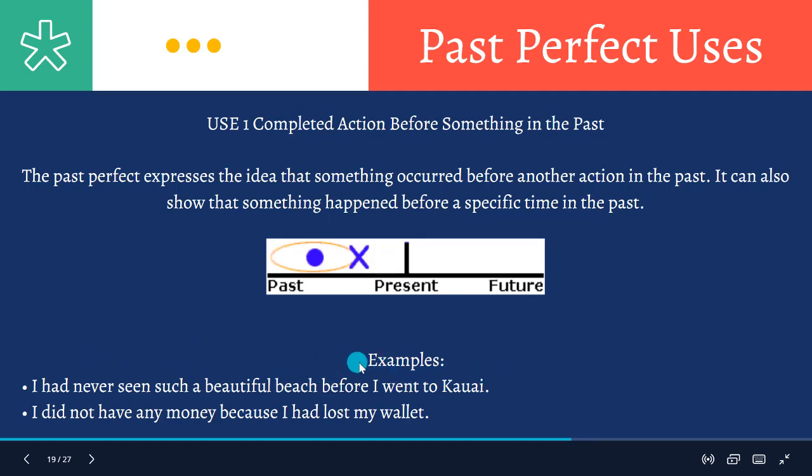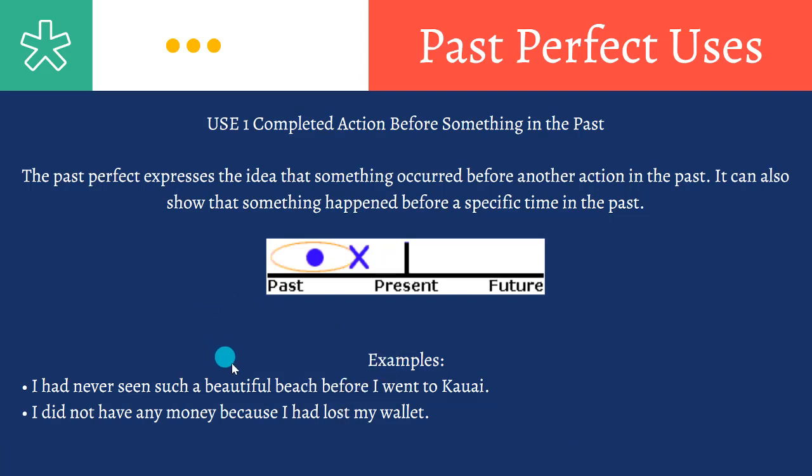So this is the person had never seen before, and as you can see here, this is the past perfect tense, and then after "before" we can use simple past: I went to Kauai. And then, I did not have any money because I had lost my wallet.